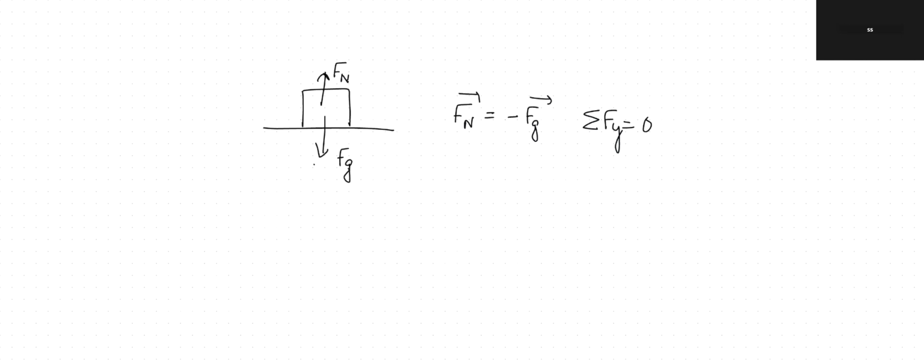So the normal force and the force of gravity are equal in magnitude and opposite in direction, but they are not Newton's third law force pair.